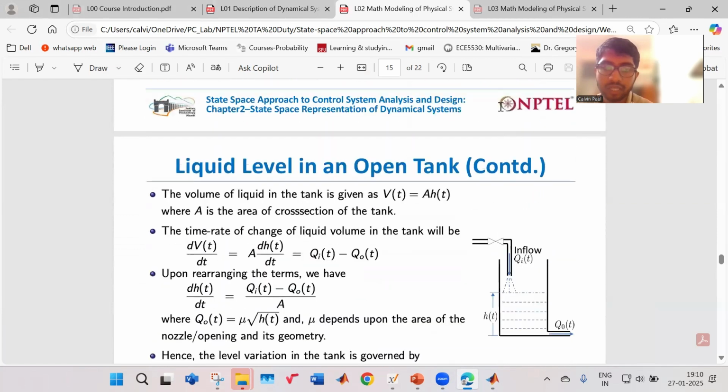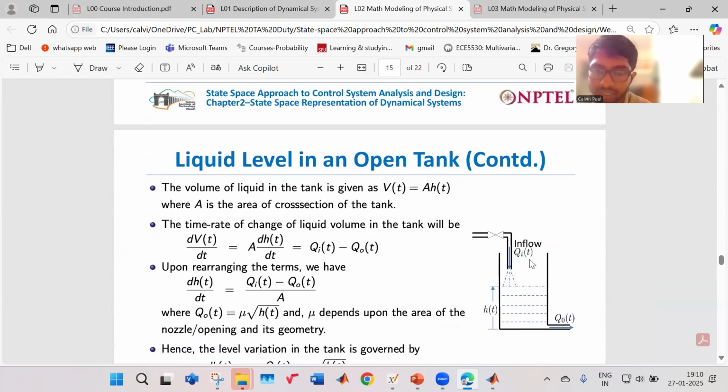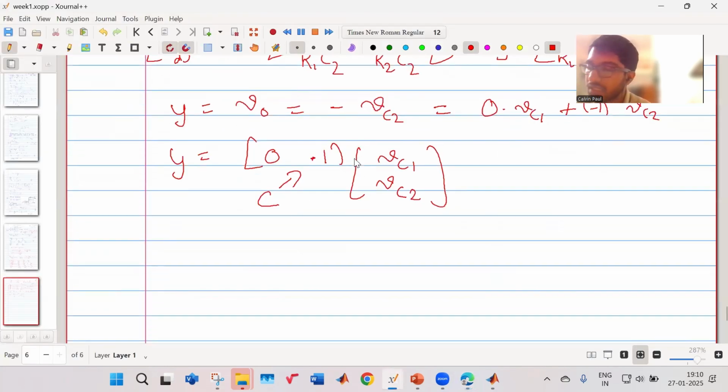Okay. So now these are the equations which Sir has written, which Sir has derived. Let us consider this simple system. This is an open tank system. What has Sir done?